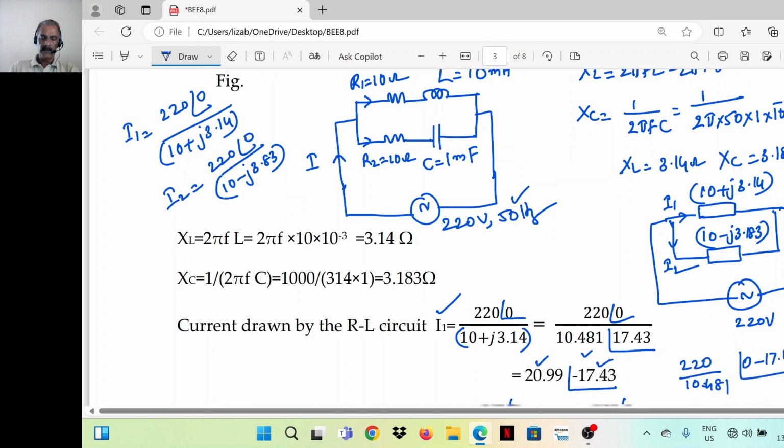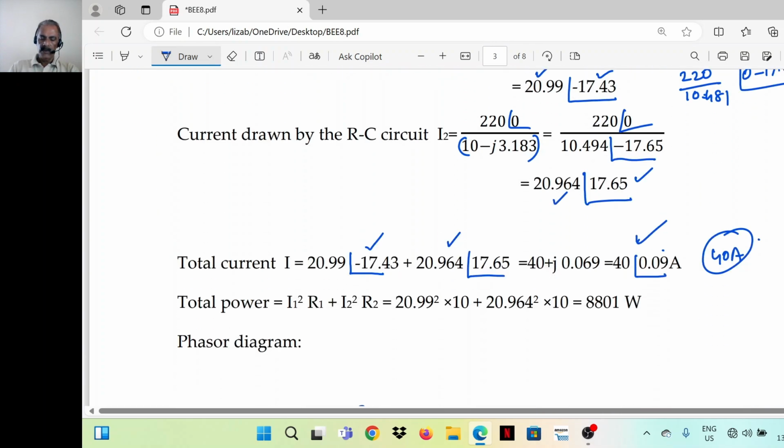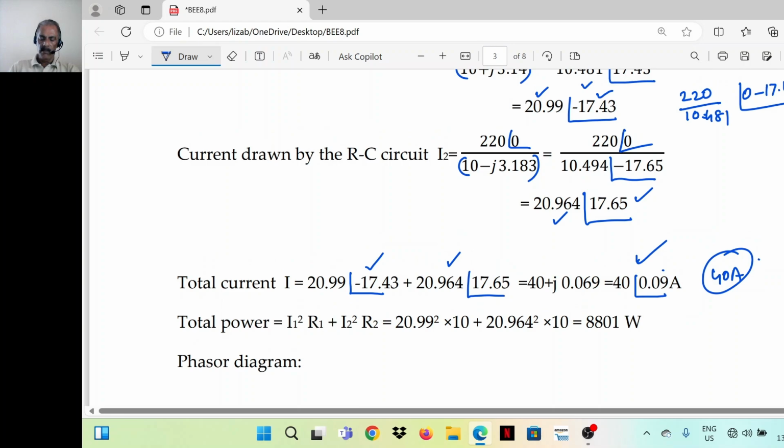We know the magnitudes of I1 and I2. So I1 square R1 plus I2 square R2 will give you the total power. So I1 is 20.99 square into R1, which is 10. I2 is 20.964, so I2 square into R2, that will give you the total power, 8801 watt.